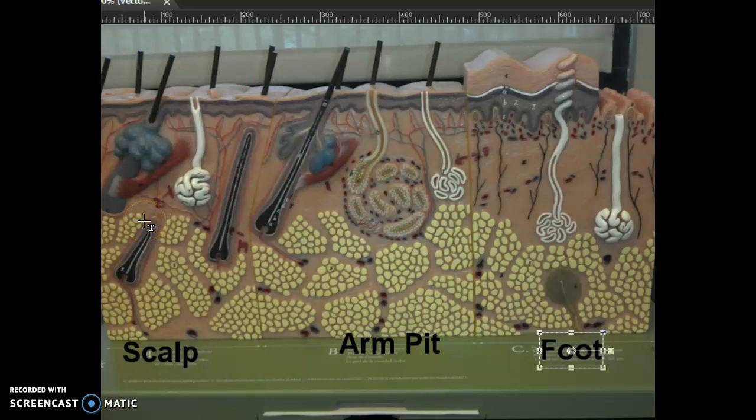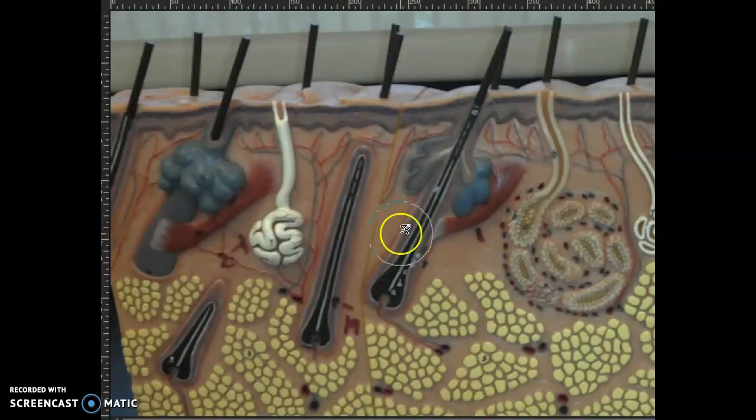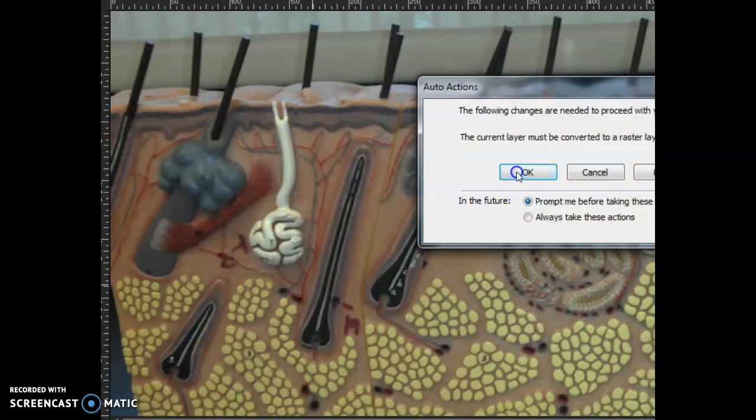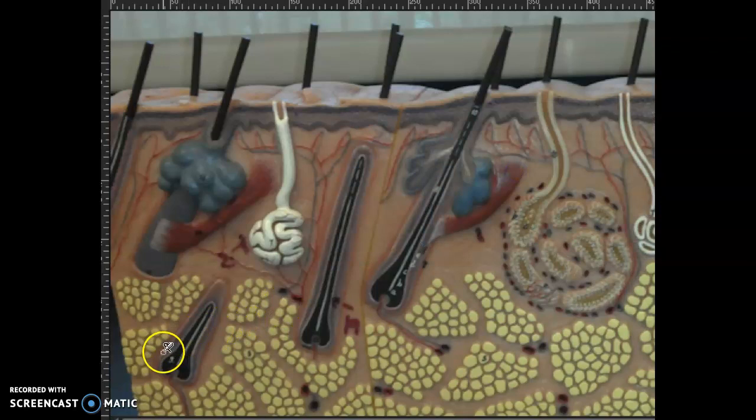So we're going to start with the scalp, then move to the armpit, then move to the foot. So this is the scalp over here. And the first thing we're going to notice are the hair follicles. Down here is the bulb.